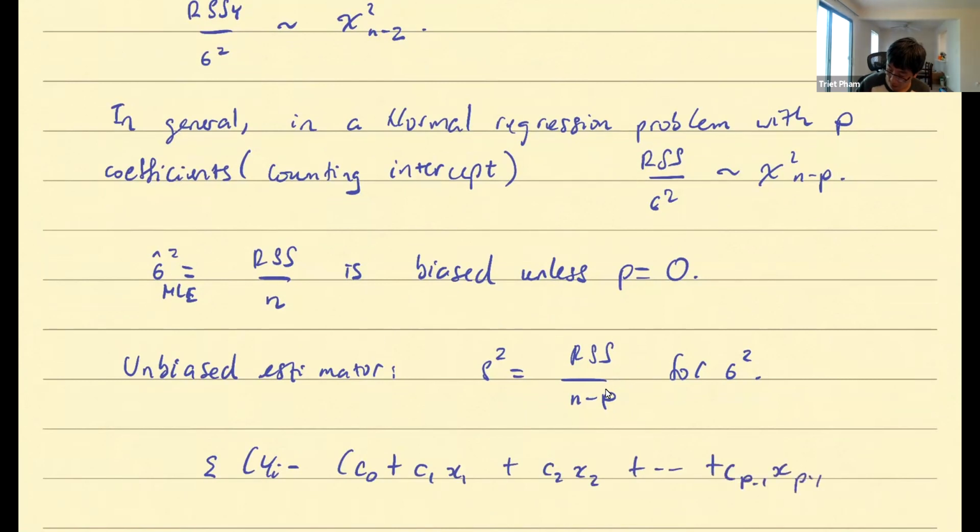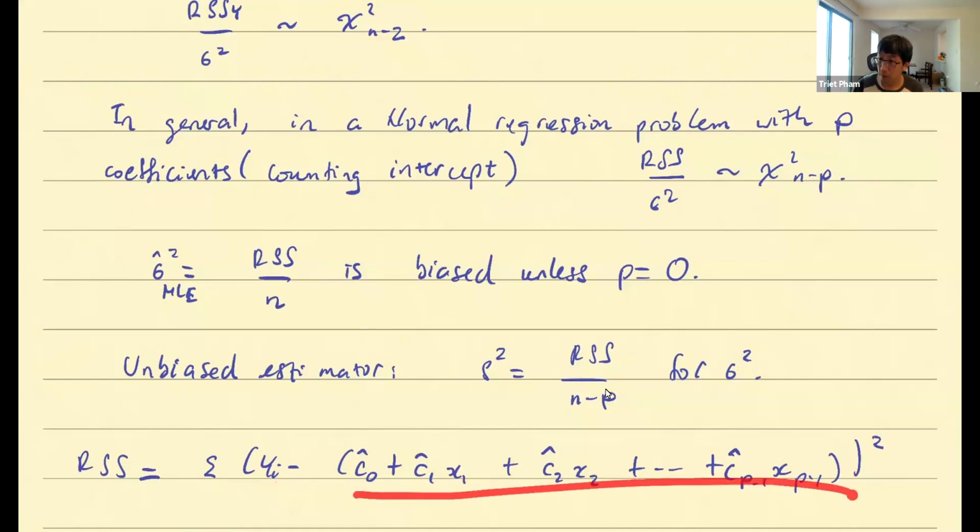Conceptually, it is always whatever remaining error you make after you do your estimate.